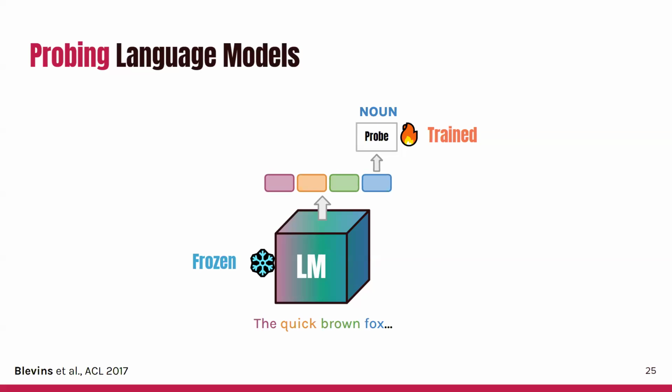Here you could use any machine learning classifier, but we use a linear projection layer, just mapping from the model's representation space to predicting the label space of the task. And we look at a number of different linguistic features that the model learns during pre-training, but for simplicity in this talk, I'm going to focus on part of speech tagging.